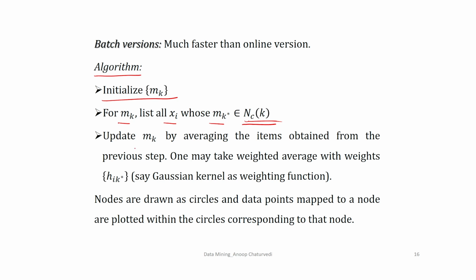Then update mk by averaging the items obtained from the previous step. One may also take a weighted average with weights h i k star, that is the Gaussian kernel, as the weighting function. So this is how we update the mks.